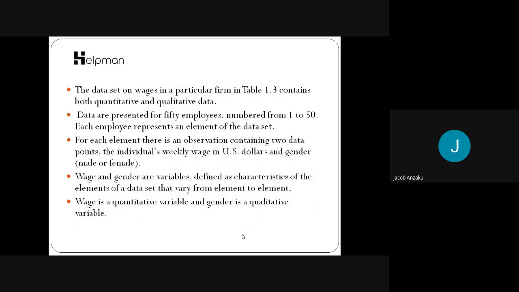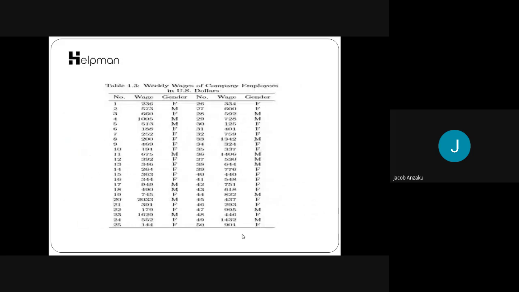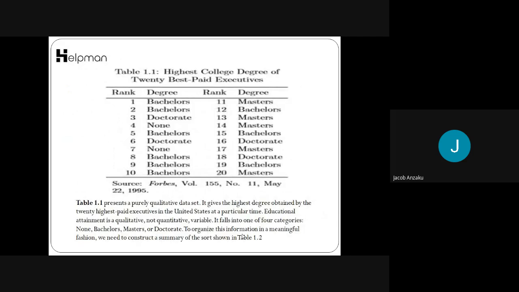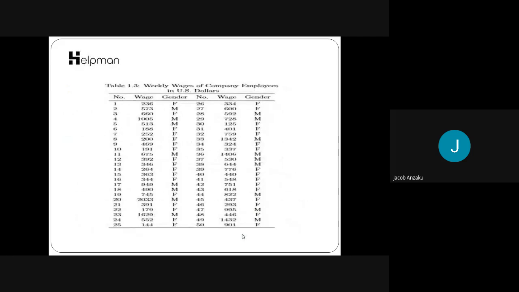Now, the data set on wages in a particular firm in table 1.3 contains both quantitative and qualitative data. Unlike table 1.1, where we had only qualitative data, here in table 1.3 we have both qualitative and quantitative data. The wage is quantitative data, whereas the gender is qualitative data.